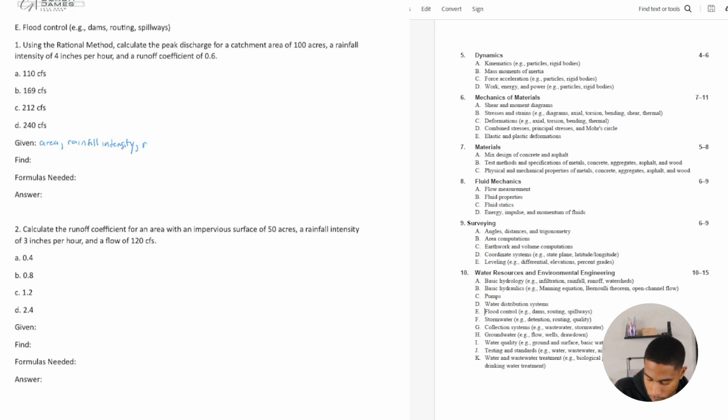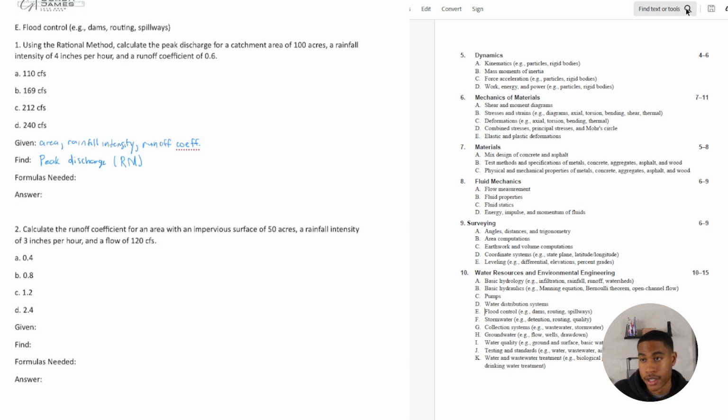We are given the runoff coefficient. All right. And then we are asked to find peak discharge, and it should be using the rational method.